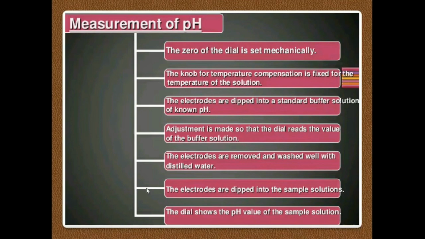Then the electrodes are dipped into a standard buffer of known pH, and adjustment is done so that the dial reads the value of the buffer solution. Then the electrodes are removed and washed well with distilled water. Then the electrodes are dipped into the sample solution, and the dial shows the pH value of the sample.